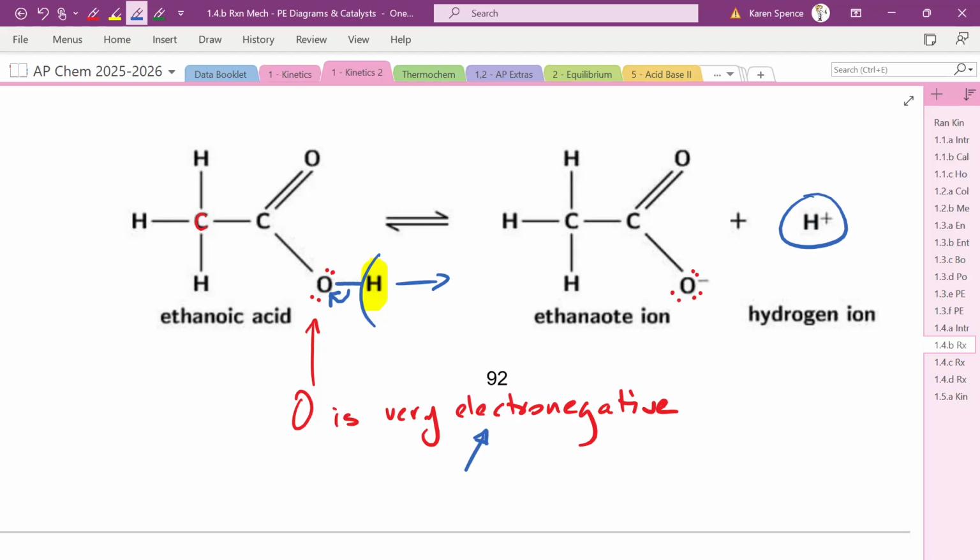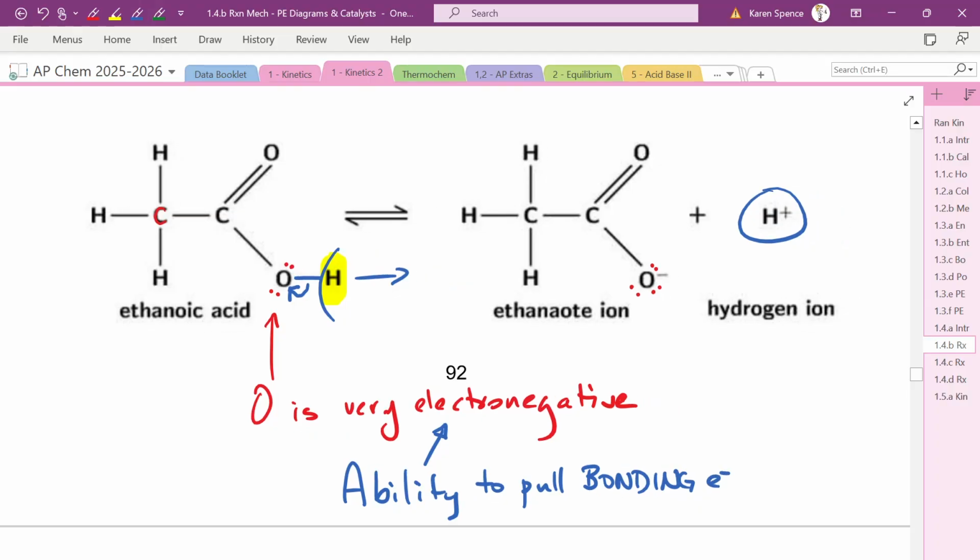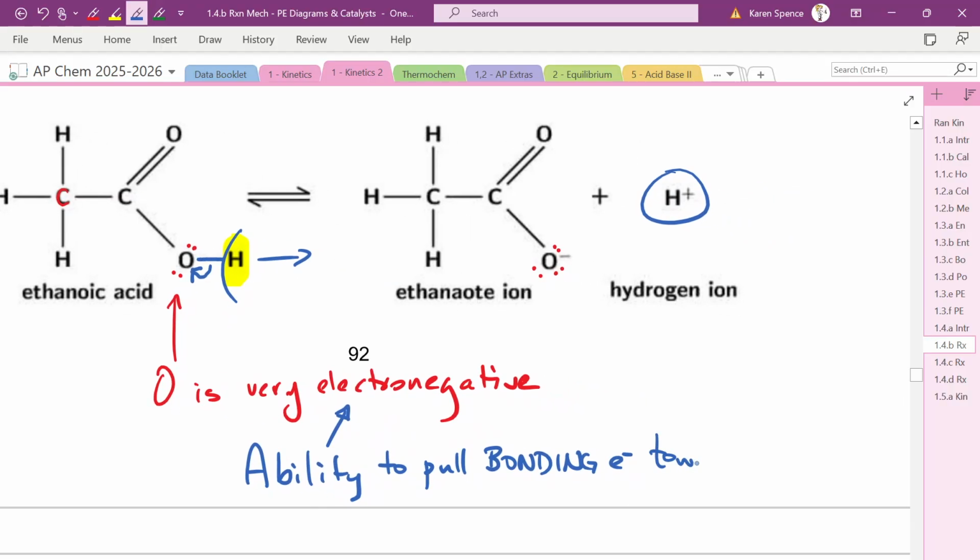So a higher electronegativity, they would have the electron for higher period. Yes, exactly. So something with high electronegativity has a stronger ability to pull bonding electrons towards itself. Okay, so it is the ability to pull bonding electrons towards itself. So oxygen is really good at that.